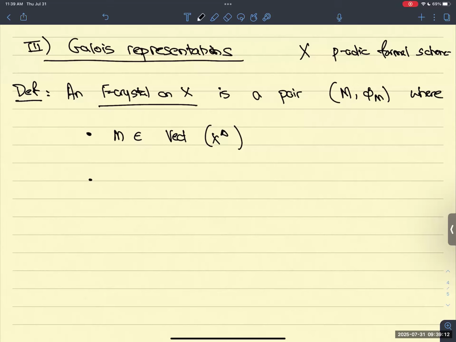So it's a prismatic crystal, if you like. And then phi_M is an isomorphism between M and its Frobenius pullback, but only after you remove the Hodge-Tate ideal. So it's an isomorphism of phi^* of M, invert the Hodge-Tate ideal, with M, invert the Hodge-Tate ideal.